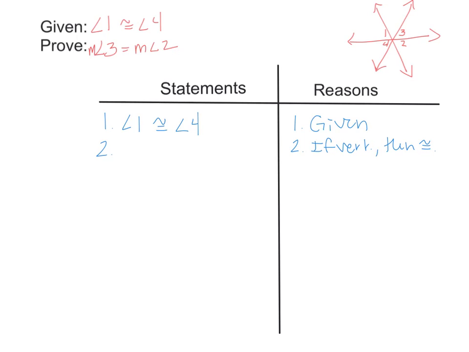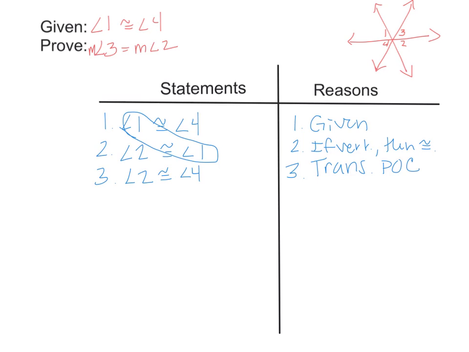Now I'm going to think ahead a little bit and write angle 2 is congruent to angle 1 to save me a step. Because the ones are already linked now, and after the ones are linked, I can do angle 2 is congruent to angle 4 by my transitive POC.